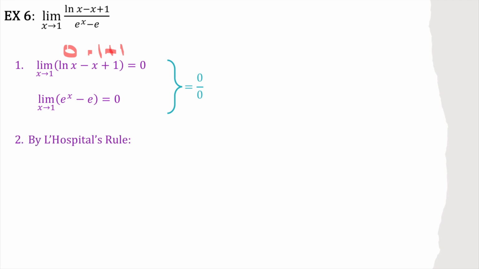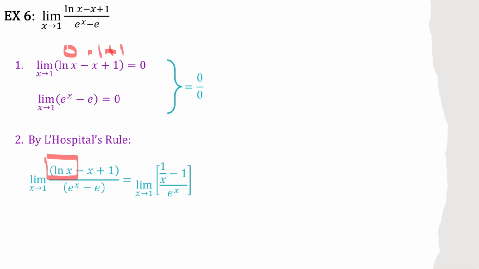So we bring in L'Hopital, rewrite the original function, and then take the derivative of the top over the derivative of the bottom, keeping our limit notation. Remember, the derivative of ln x is 1 over x, and then the derivative of negative x is negative 1.